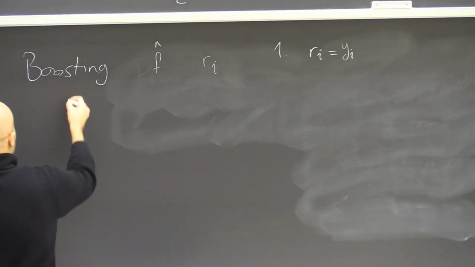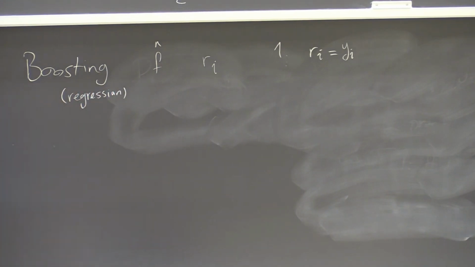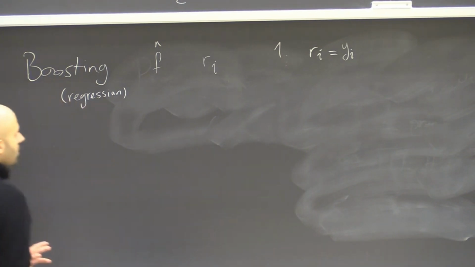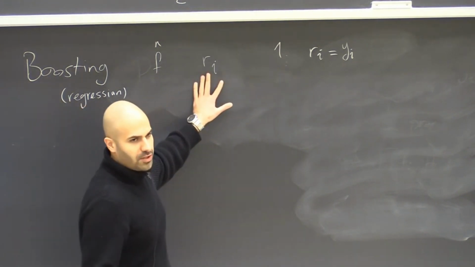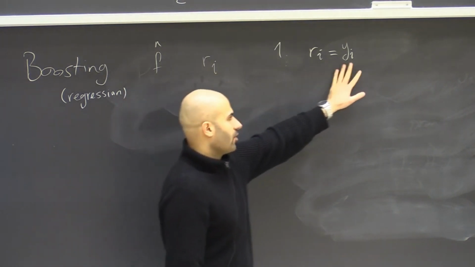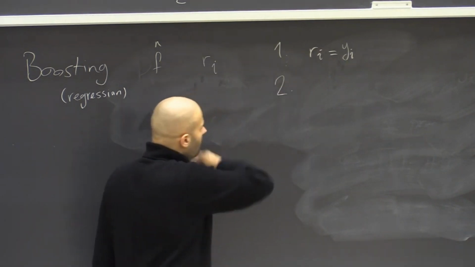I'm explaining boosting in the context of regression because it's simpler to think of what's happening compared to classification. For classification, it's the same thing, but the story is not as intuitive. So we have some residual, which is what remains to be predicted, and at the beginning of the process, everything remains to be predicted.